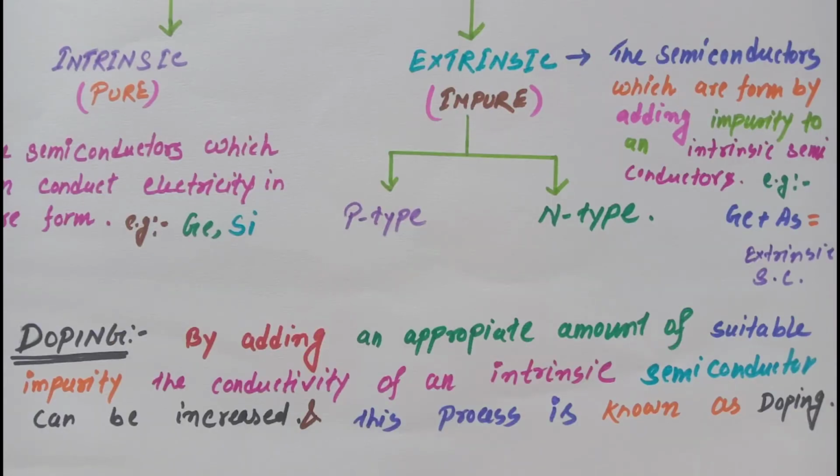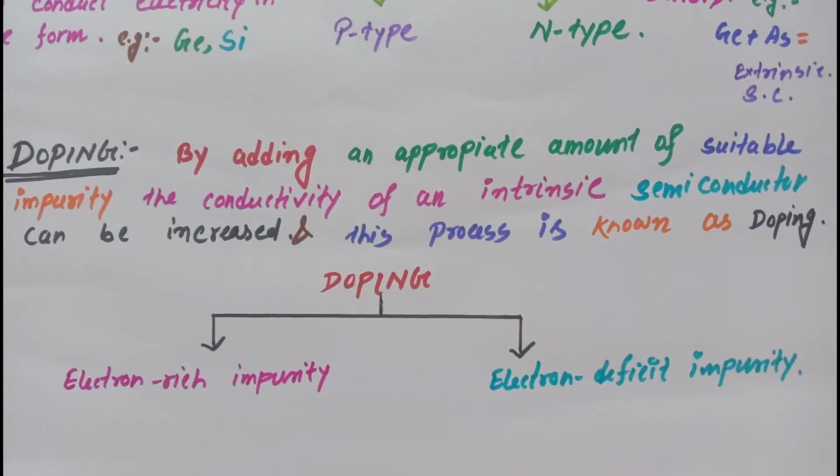Now let us study how an intrinsic semiconductor can be doped. What is doping? By adding an appropriate amount of suitable impurity, the conductivity of an intrinsic semiconductor can be increased, and this process is known as doping. Doping can be done in two ways: with an electron rich impurity and with an electron deficit impurity.